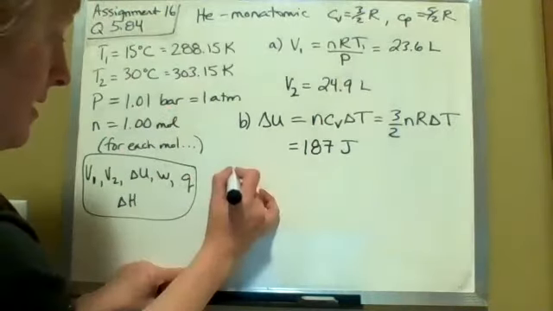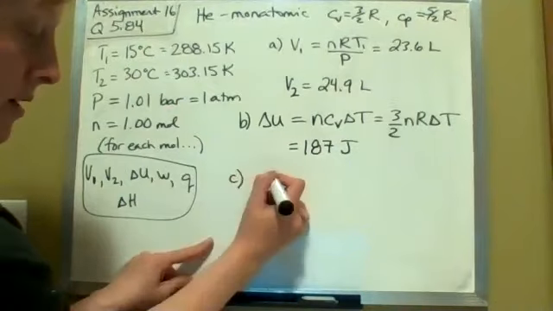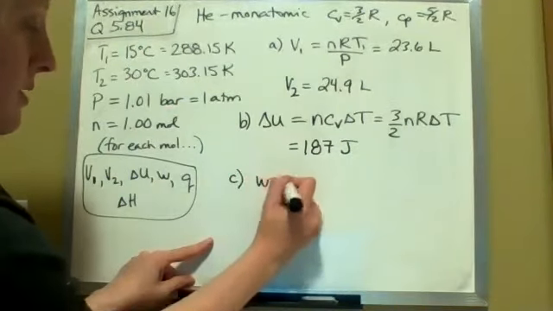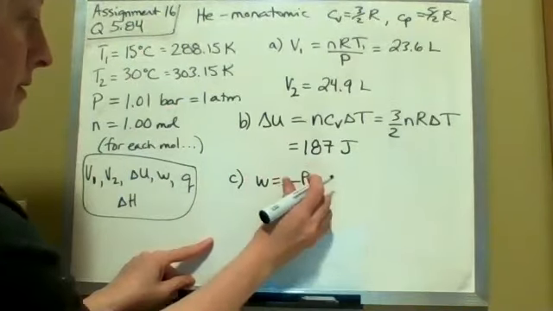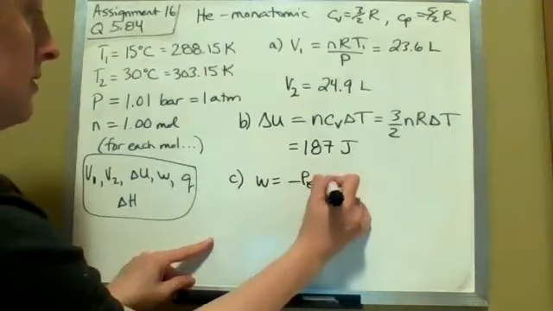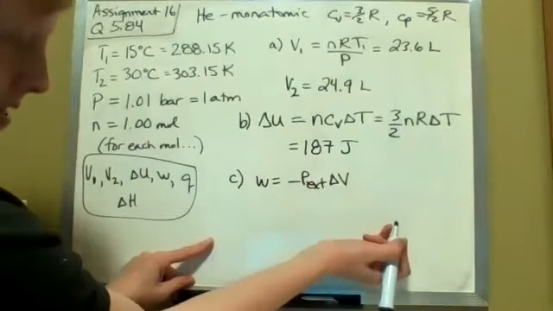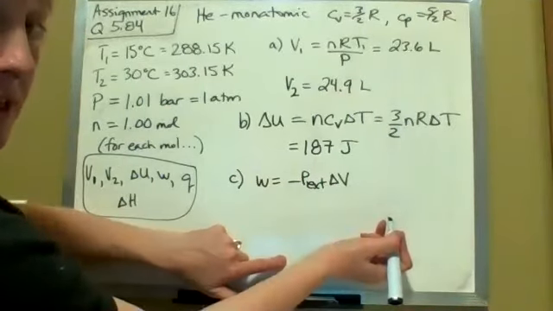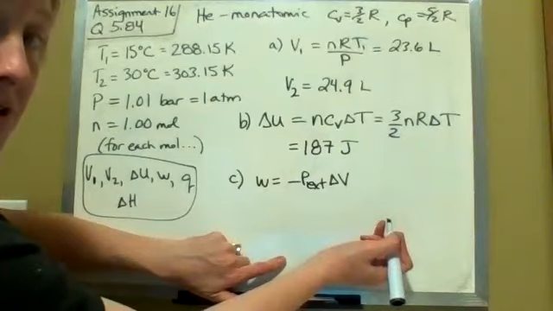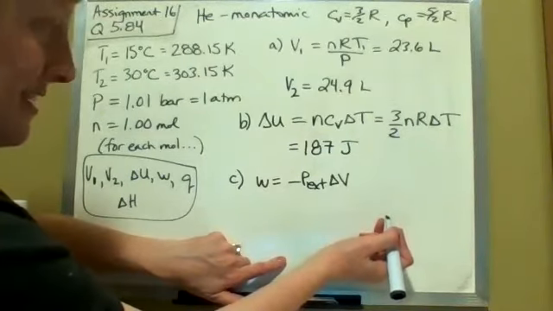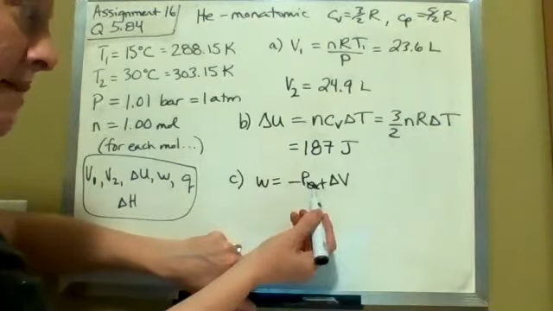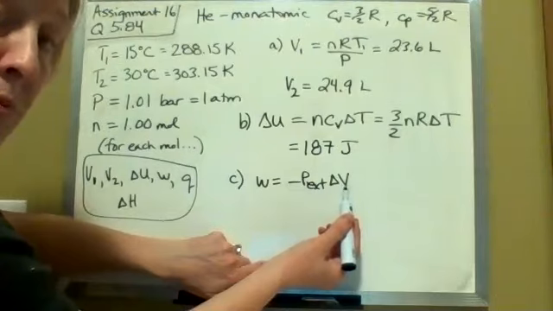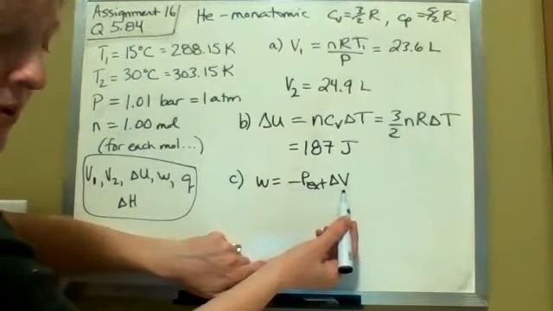Now C is the work. The work is equal to negative P external delta V. This is where you have to watch your units again. I know I've said this in a couple of the questions that have gone over in these sessions: if you're going to use atmospheres and liters, just be prepared to convert that into joules.